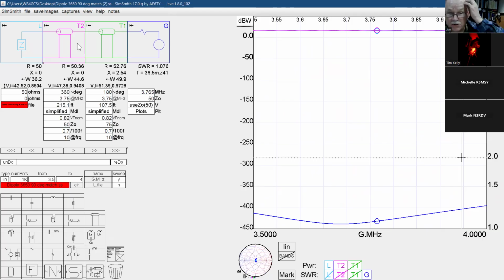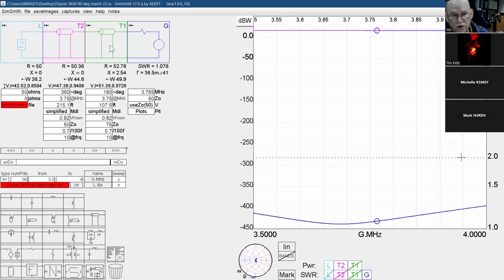That's something Larry discovered. The half wavelength of 75 ohm coax, it turns out, is inductive where the antenna is capacitive and is capacitive where the antenna is inductive. So it tends to bring things down closer. Not perfect, but better.